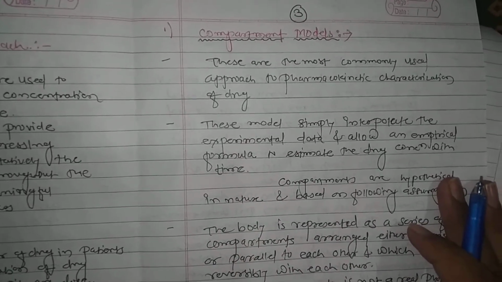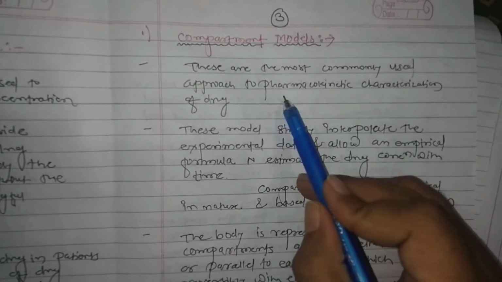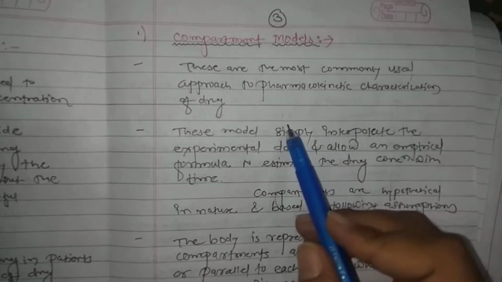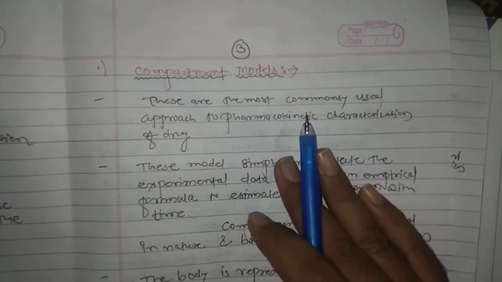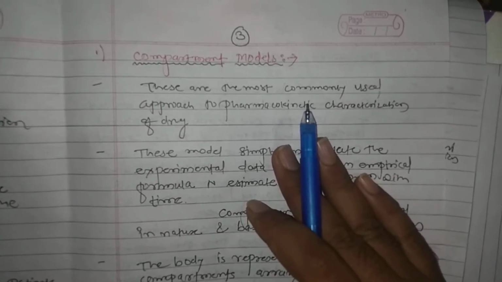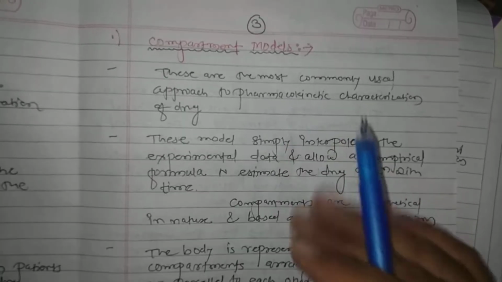First one is the compartment model. This is the most commonly used approach for the pharmacokinetic characterization of drugs. Means these compartment models are traditionally, mostly and widely utilized for tracing out the characteristics of drugs.